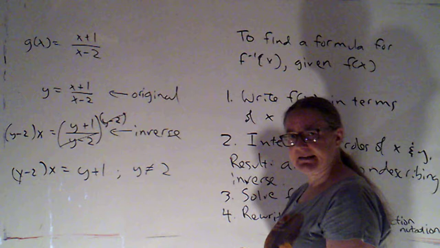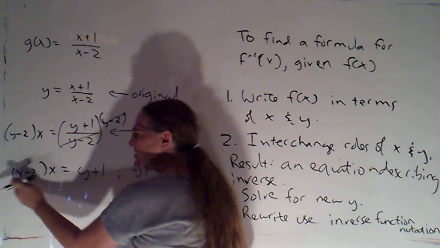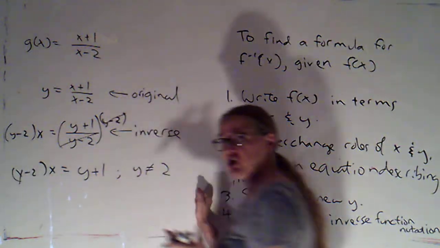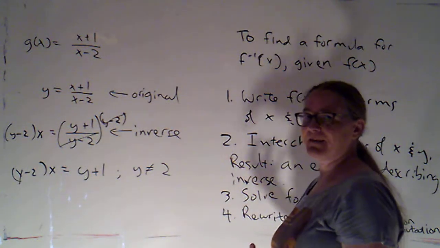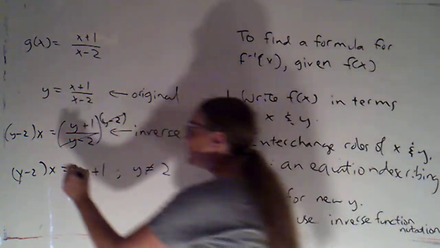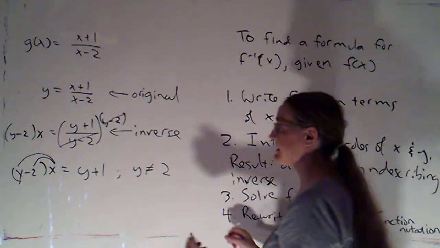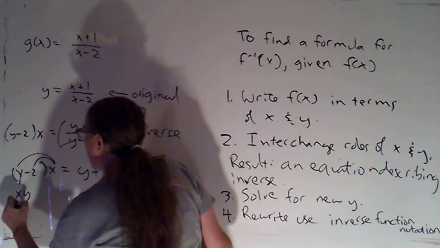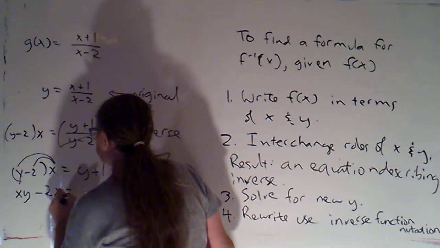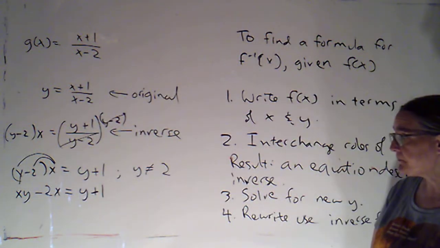Now I want to be able to solve for y. Right now this y is linked with that minus 2 inside of those parentheses. I can't separate them as long as they're together in those parentheses. So I'm going to break apart the parentheses by distributing that x. So now I'll have xy minus 2x is equal to y plus 1.